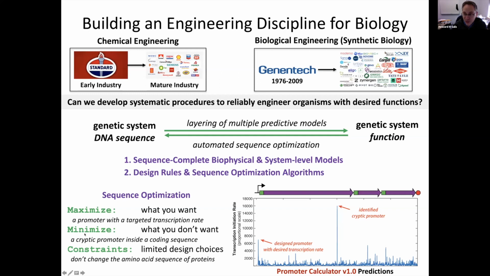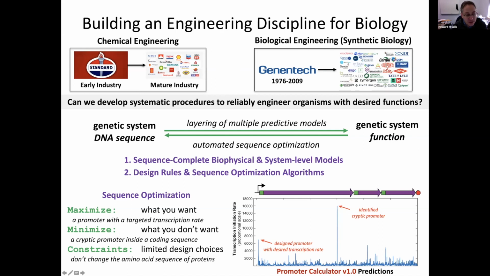But also we should recognize that there are various things in our genetic system that we don't want and that we want to minimize. For example, we do not want a cryptic promoter inside a coding sequence, because that cryptic promoter will mess up our ability to tunably control transcription rates in the system and could, of course, change the messenger RNA levels in a way that are difficult to predict.